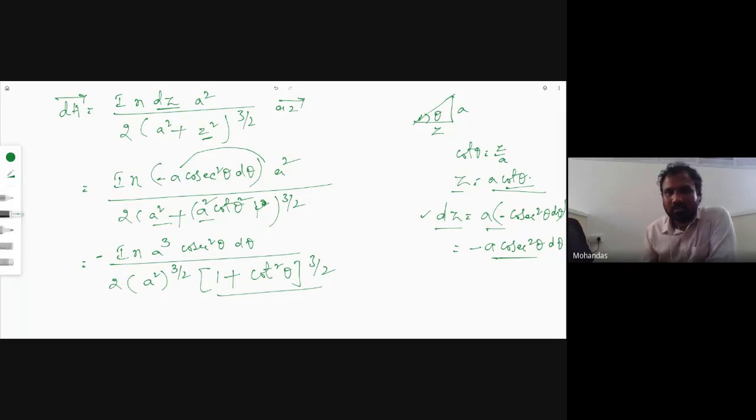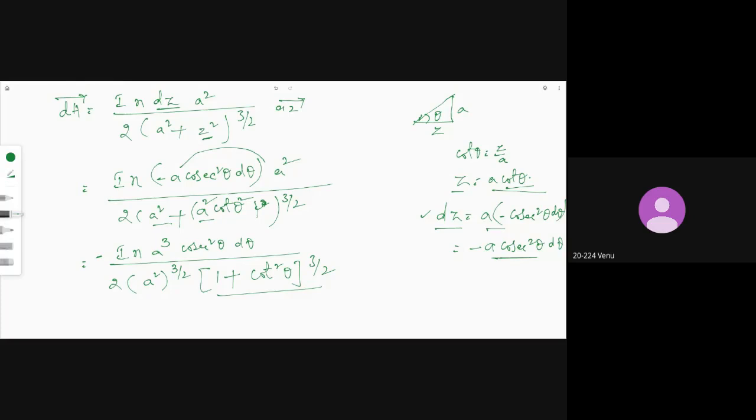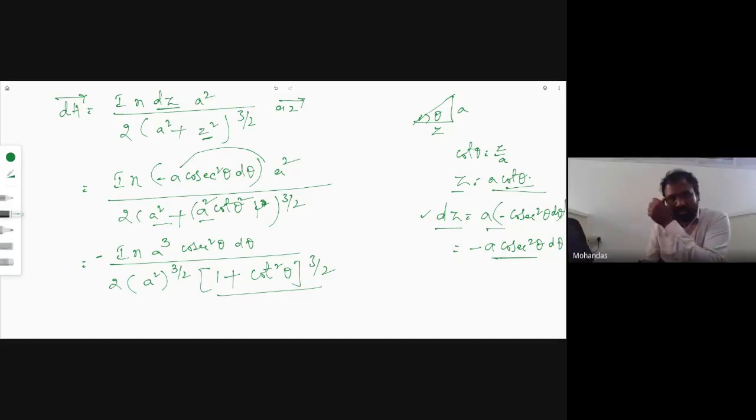Cosecant square theta. So write this as cosecant square theta. So (cosecant square theta) whole to the power of 3 by 2. So 2 will get cancelled out. Then what remains here? This total term becomes cosecant cube theta.